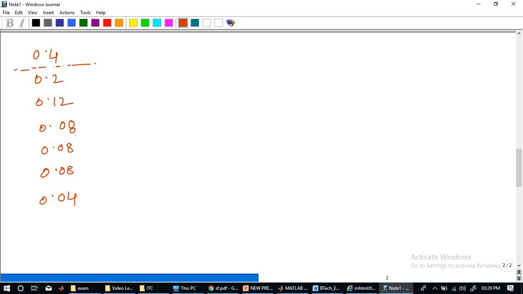Suppose I make it 0.4 and 0.2, so that is 0.6 as you said, and 0.12, 0.08 and all whatever we add, that's coming as 0.4. Or the other option is you take 0.4 like this and add everything to come to 0.6.